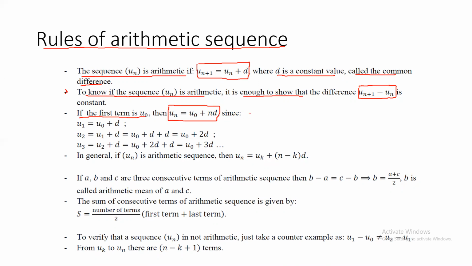For example, how to use this one? If I have u_0 equals 5 and d equals 2, how to calculate u_10?